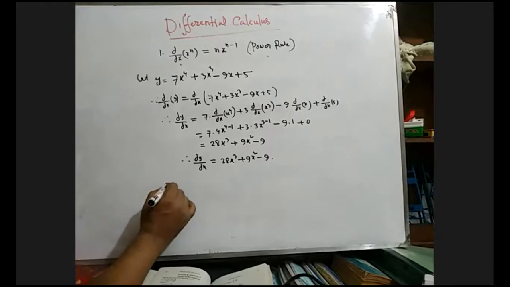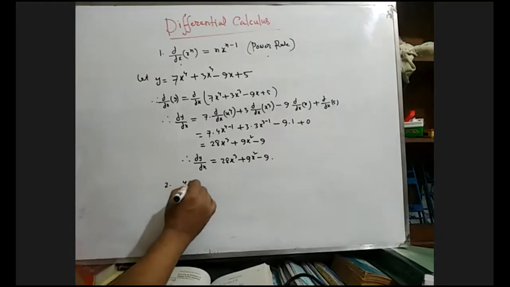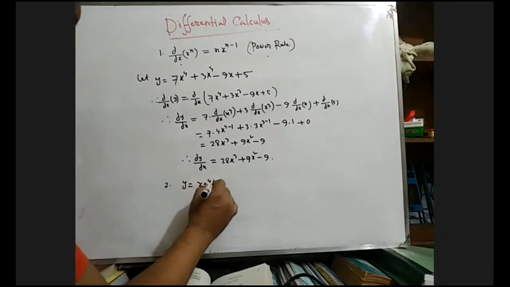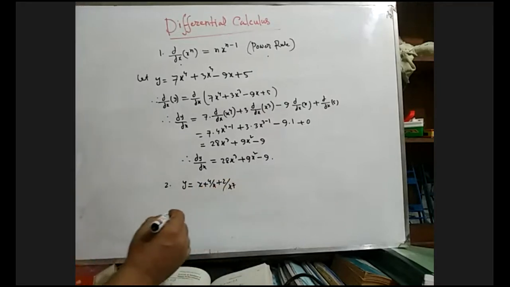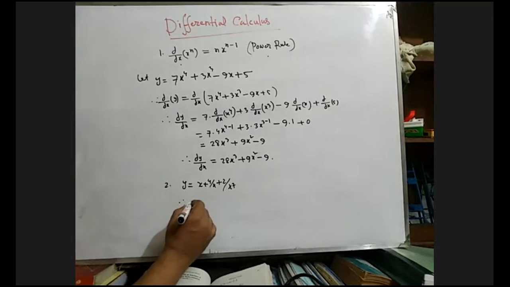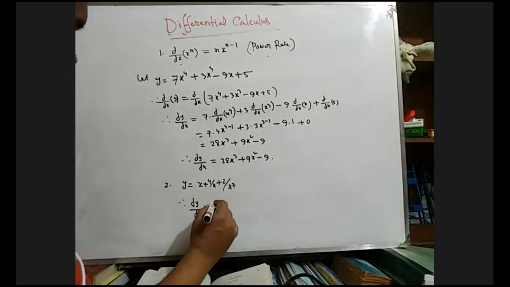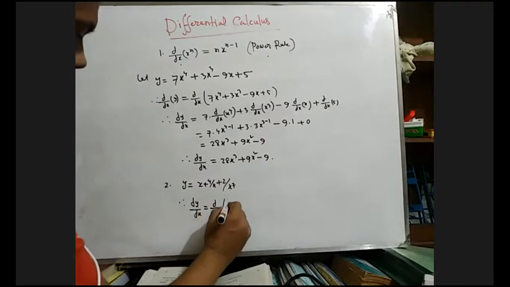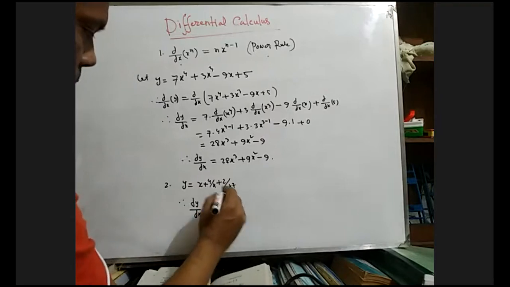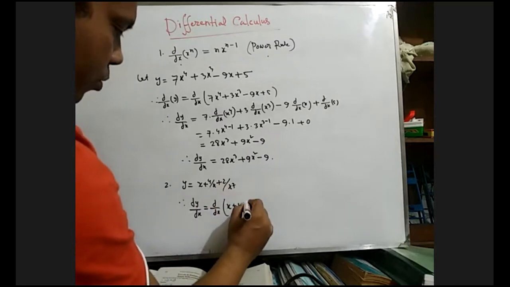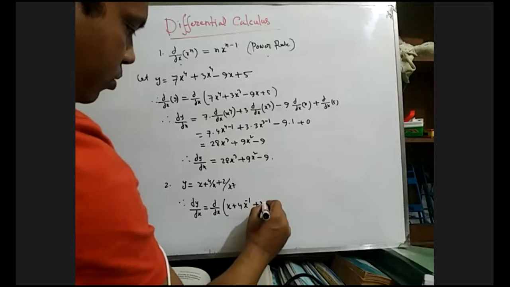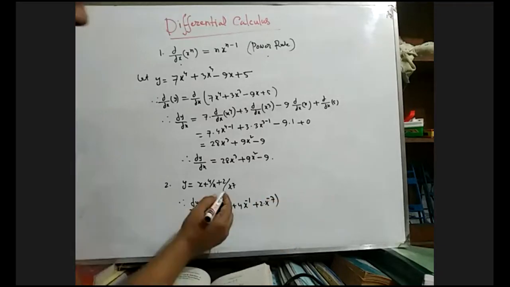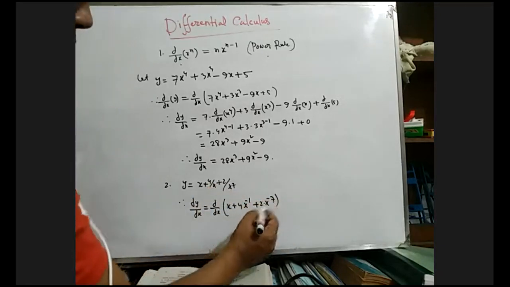Another example, example 2. Suppose we have y equals x plus 4 by x plus 2 by x to the power 7. So dy/dx will be d/dx of x plus 4 by x plus 2 by x to the power 7. 4 by x means 4 times x to the minus 1, and 1 by x to the power 7 means x to the power minus 7.